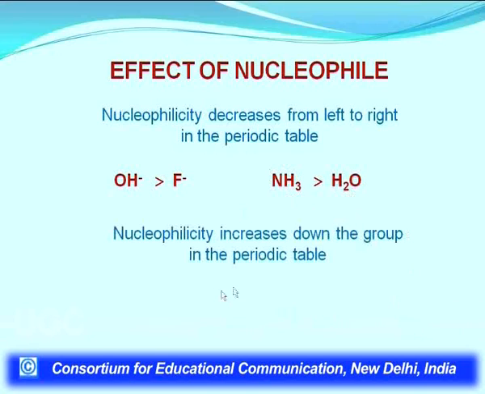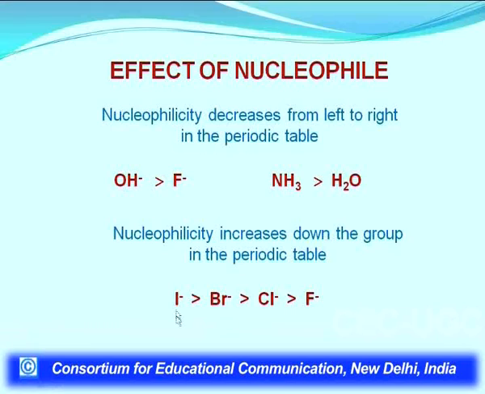Then nucleophilicity decreases down the group in the periodic table. As you move down in the periodic table, you find that the size of the atom increases, while the number of electrons in the valence shell remains the same. So as the size increases, the outermost electrons are not very strongly held by the nucleus, and also the size of the atom is larger.